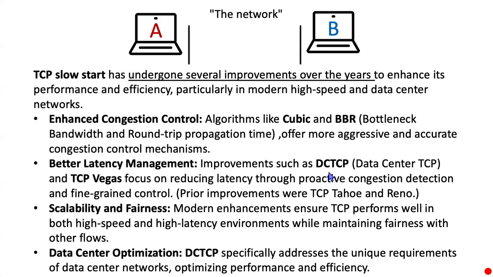Another big change that's been happening the last several years with TCP is how to make TCP more efficient in our data centers. So we have data center TCP and TCP Vegas, which were prior improvements on TCP Tahoe and Reno.